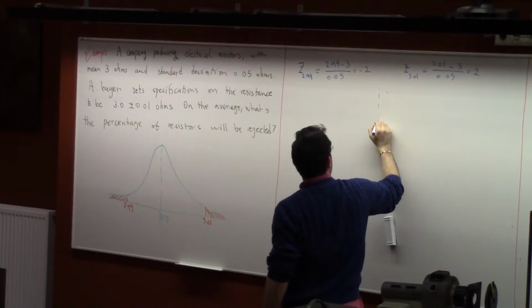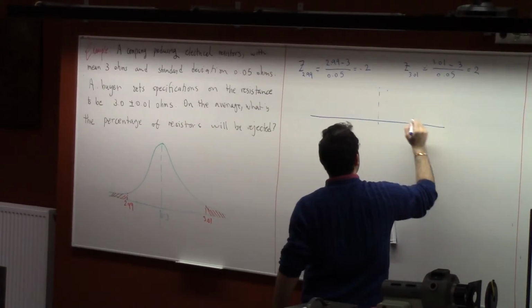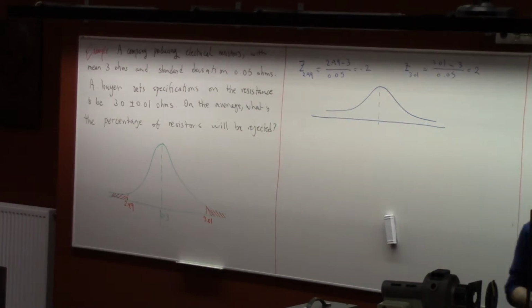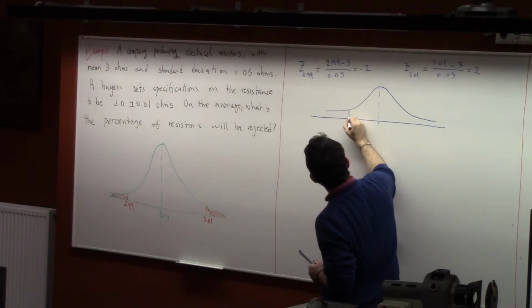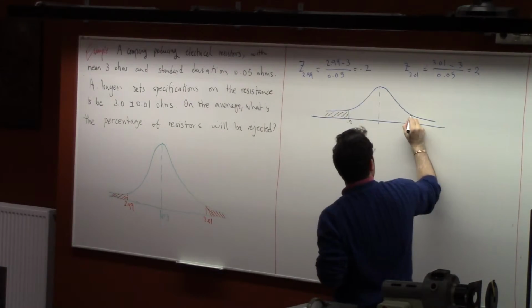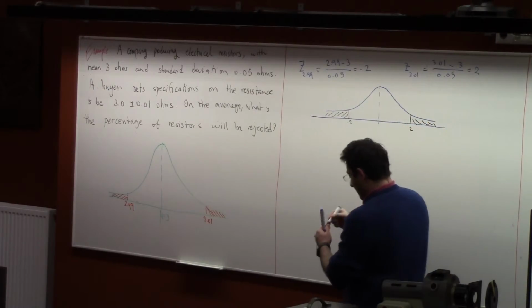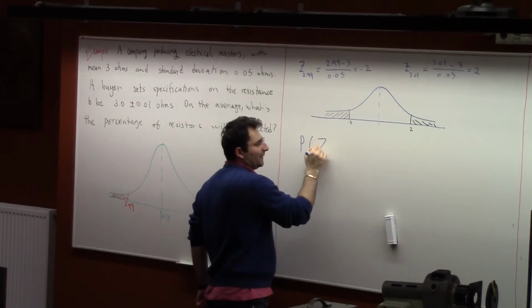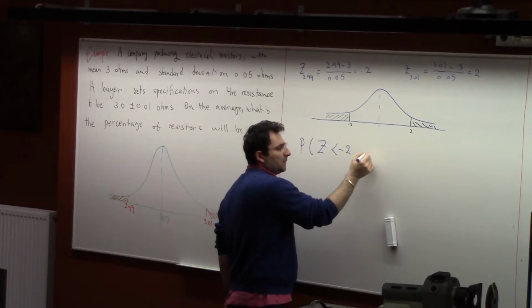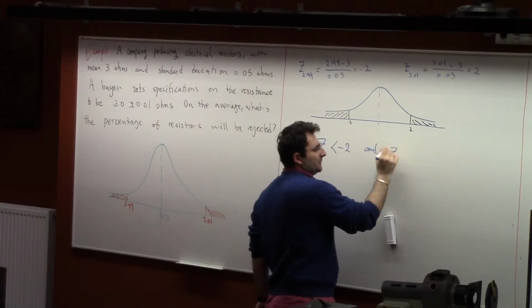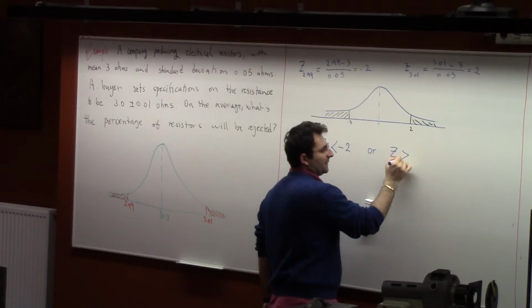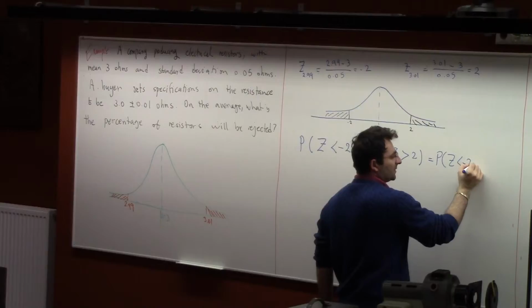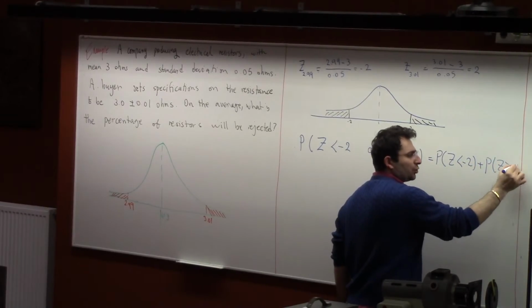In other words, we want to know what is the probability of Z is less than minus 2 or Z is greater than 2, which is equal to the probability of Z is less than minus 2 plus the probability of Z is greater than 2.